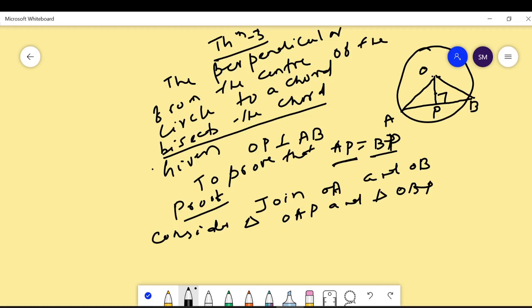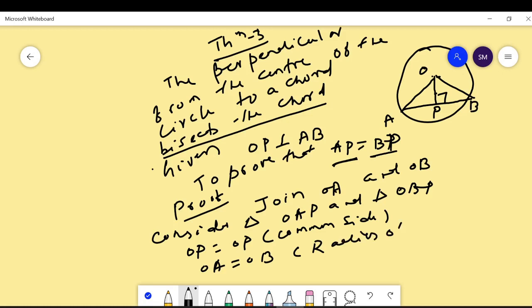Here OP equal to OP, common side, and OA is equal to OB because of the radius of the circle, and a common hypotenuse.